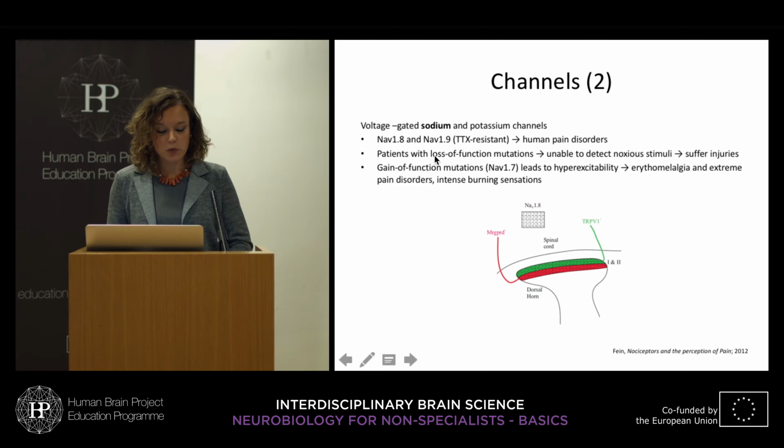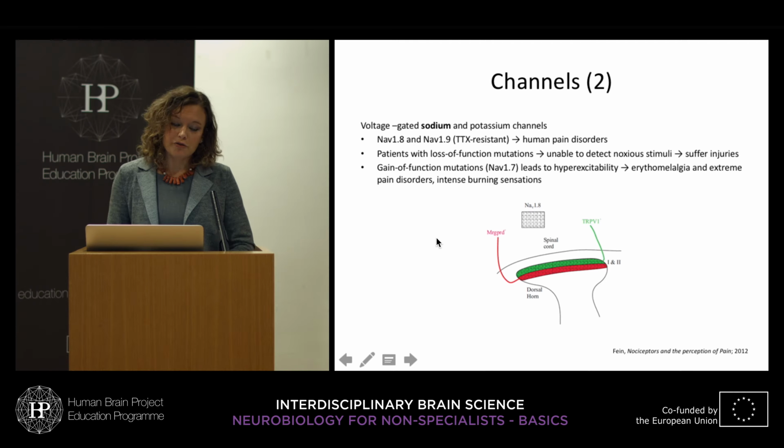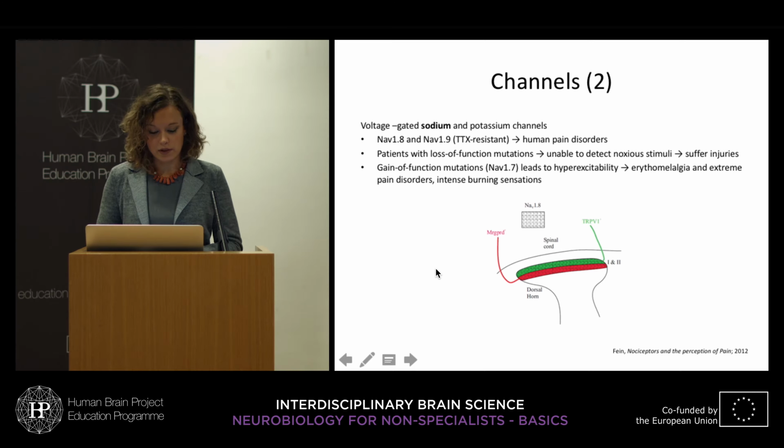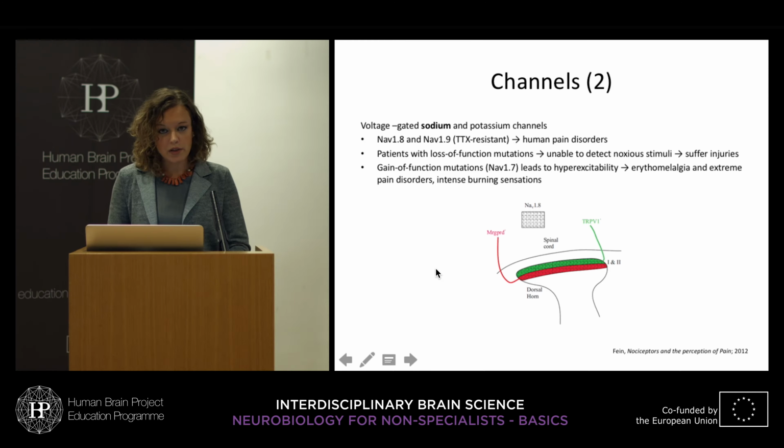For example, patients with loss of function mutations of these channels are unable to detect noxious stimuli and suffer from severe injuries. Gain of function mutation of another channel of the same family, NaV1.7, leads, on the other hand, to hyperexcitability and to extreme pain disorders, like, for example, erythromelalgia.